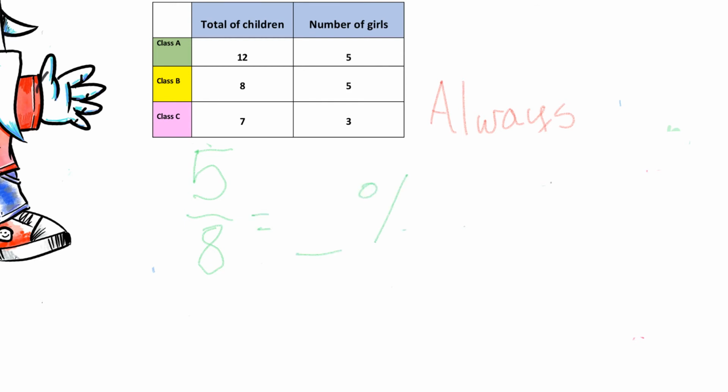What would be the percentage value if you know that, using long division, a fraction means sharing into equal parts, so that would be the same as 5 divided by 8.